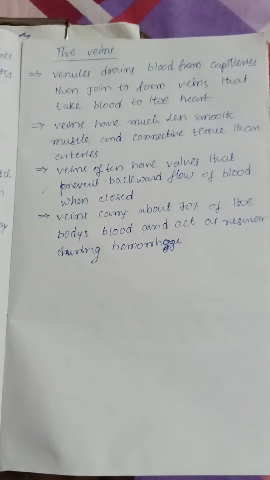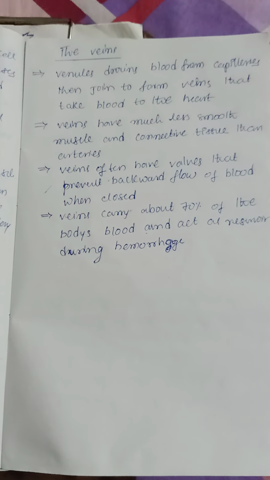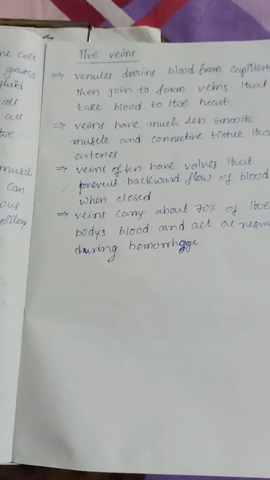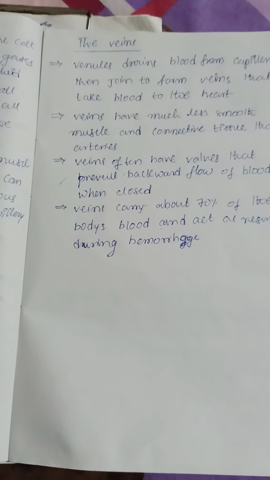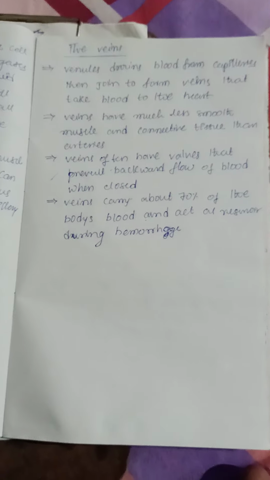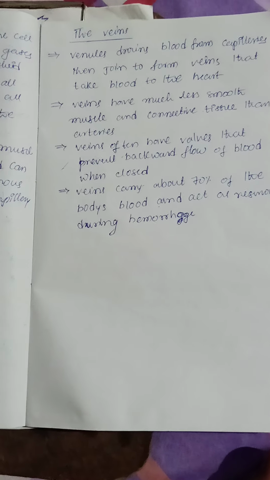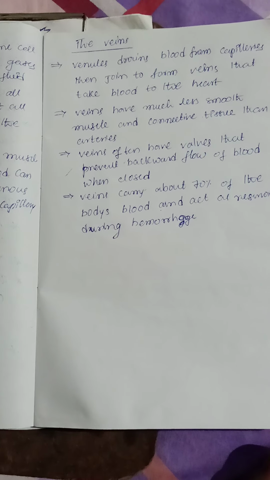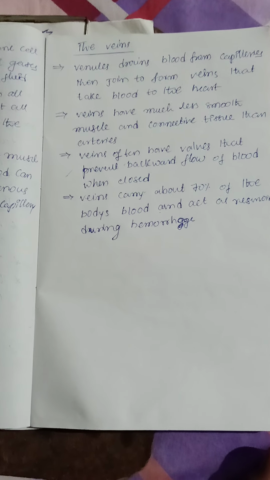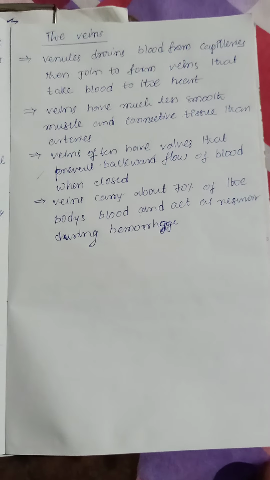Veins carry blood from the whole body, and the arteries carry it away. For that purpose they have to constrict and dilate themselves, for maintaining constant blood flow rate and blood pressure also.